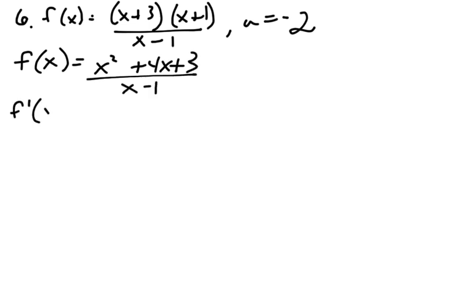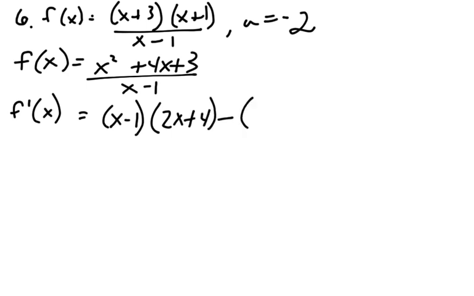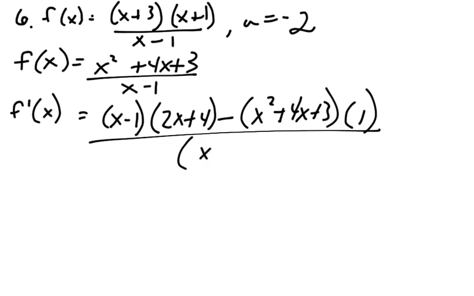Now let's take the derivative. Bottom function times the derivative of the top, which would be 2x plus 4, minus top function times the derivative of the bottom, all over the bottom squared. And then this would probably be easier to use if we simplified it.